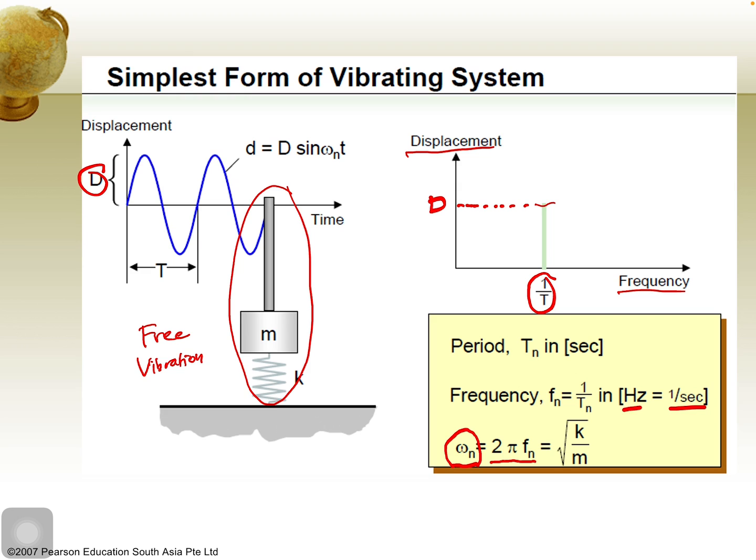And when we put it inside this formula, we can calculate the natural frequency. And this is another formula for natural frequency, where we consider K, the stiffness of the spring, and also the mass.